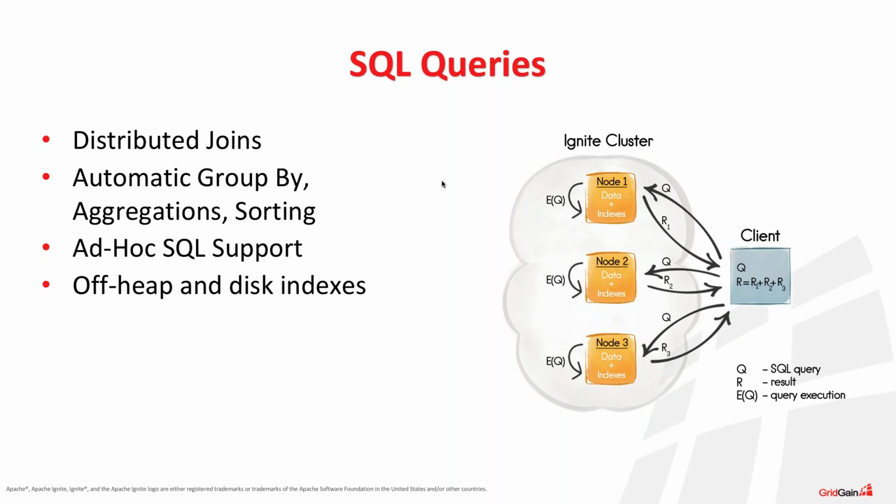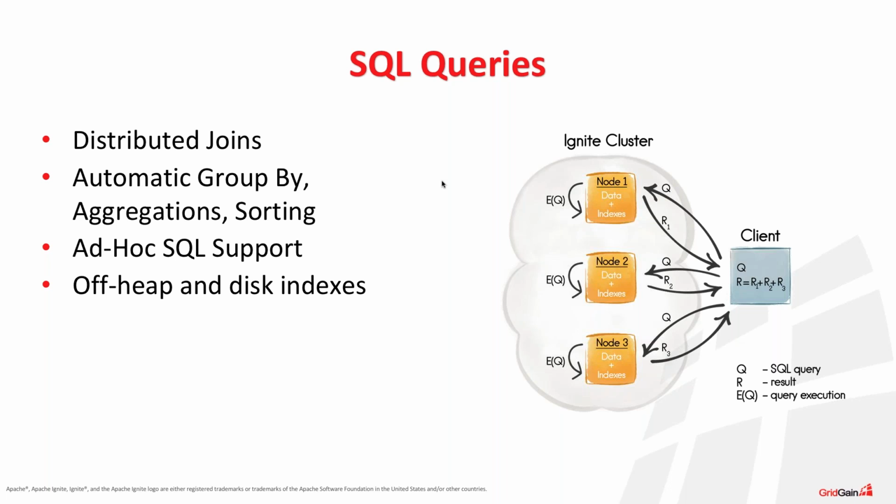Again, I just want to emphasize one more time that the engine is ANSI 99 compliant. You are empowered with the capability not just to execute simple queries, but you can do distributed joins. You can group your data, aggregate your data and sort your data. Everything is available.